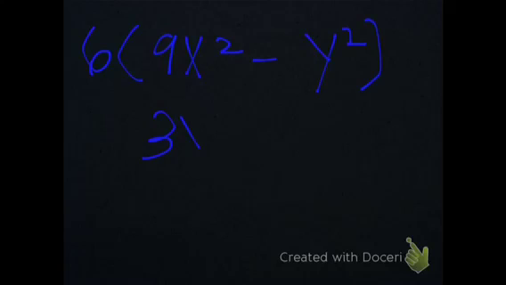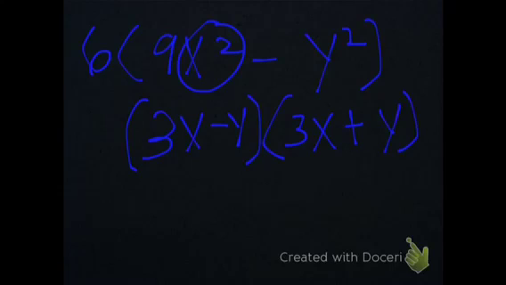So 3x, because you want to bring down this number down here, and you want to subtract y. So now we have our factors for this FOIL, and we want to have one term that has a plus y. And don't forget to bring down the 6.